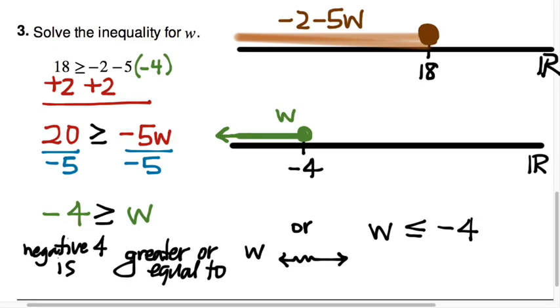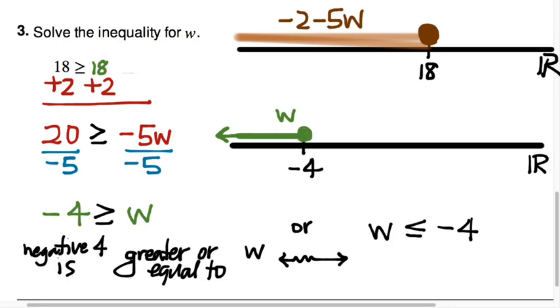And then do the arithmetic on this right-hand side. -5 times -4 is +20. So I'm adding 20, -2 plus 20, that's 18. Is it a true statement that 18 is greater than or equal to 18? That's true. So at least for the number -4, we seem to get yes, that the number -4 actually meets this inequality.